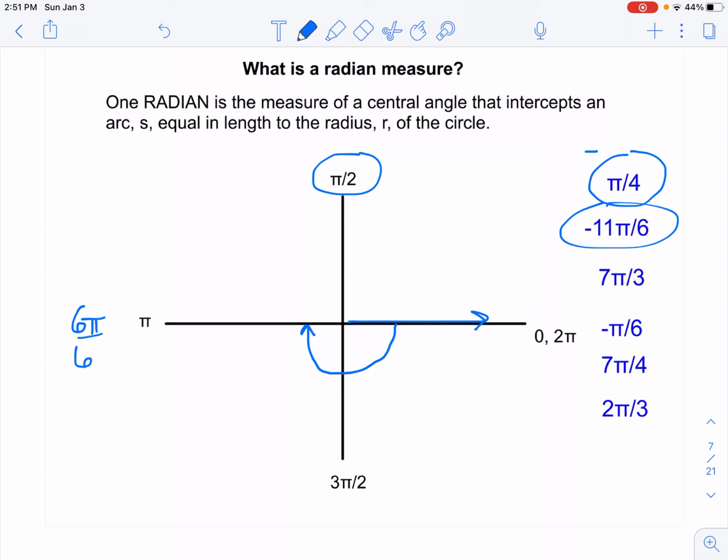So if this is 3 pi over 2, then this would be negative 9 pi over 6 if I got a common denominator. So 11 pi over 6 is bigger than that, so it's going to be in quadrant 1. You can also think of 11 as almost 12, and 12 pi over 6 would be 2 pi.